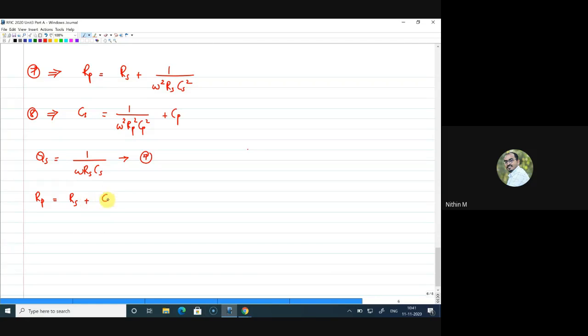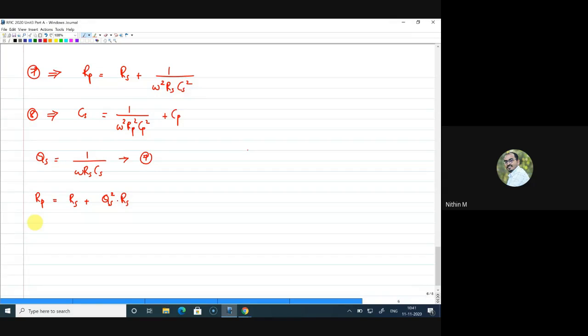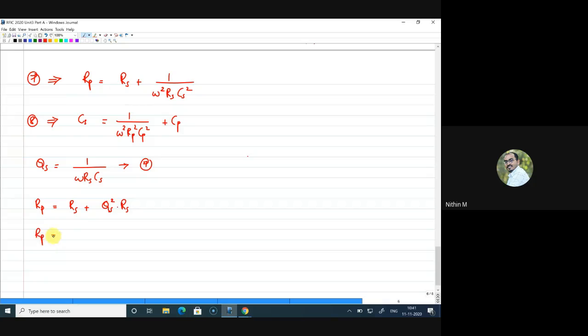To write this as Qs square, I have to put an Rs there also, because one Rs is missing in the denominator. Or I can write Rp is equal to Rs into Qs square plus 1. So this is the value of Rp in terms of Rs.